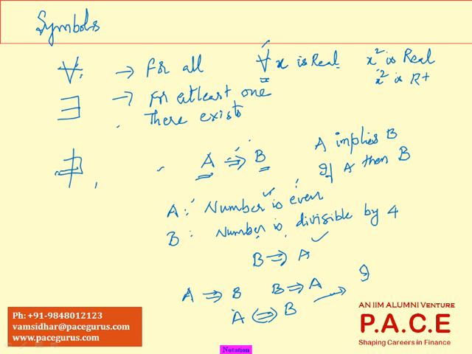So it also works out to if and only if. So if A then B, if B then A. So A if and only if B. Right? That is what we call as implies and implied by kind of a relation. So at least these are some of the most common symbols we have to be comfortable with as far as this exam is concerned. Right?